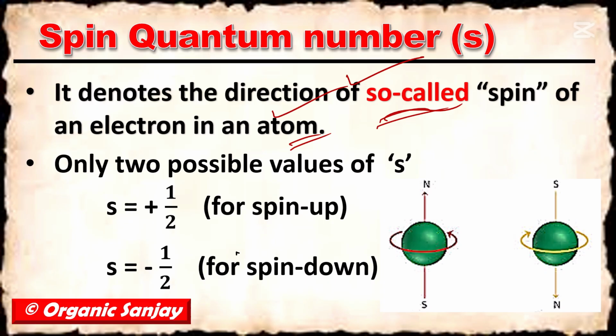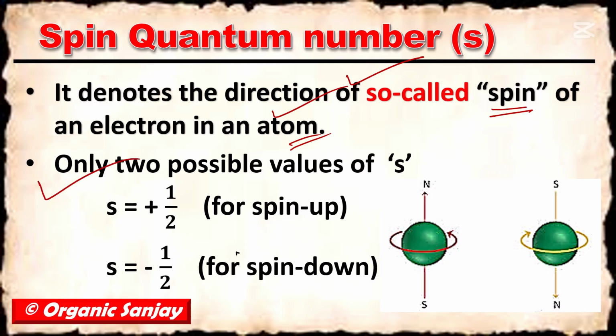This word has been used just to address the magnetic property of the electron. When a charge revolves or rotates, a magnetic field is produced. To represent that, the word spin has been used for the electron. However, the spin of an electron and the spin of the earth are quite different. This thing you must know.